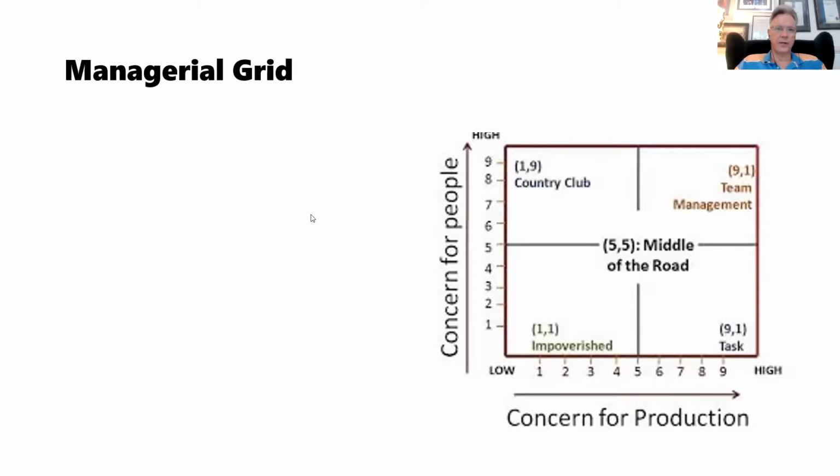I don't see a huge role for the impoverished, but I do see a role for coordinators to adopt country club, team management and task, and to be able to move between the three. So a good team leader is able to move between the three, regardless of their position in the organisation, depending on where they are. Thanks for the comments as well.